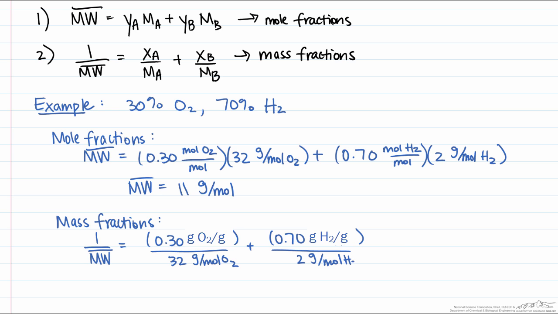And if you calculate this molecular weight, you find that it's 2.8 grams per mole, considerably different from the mole fraction calculation. So why such a difference? Well, hydrogen has a much lower molecular weight than oxygen. So when it's 70% of the mass, it will dominate the average molecular weight.